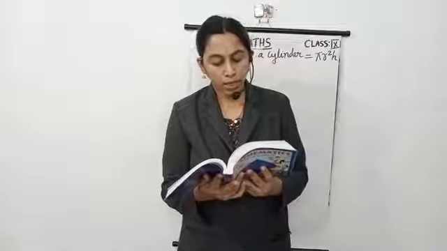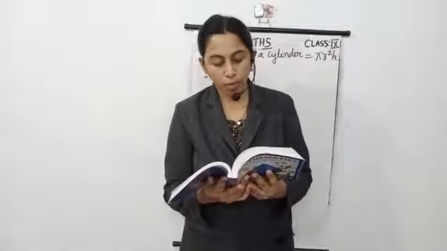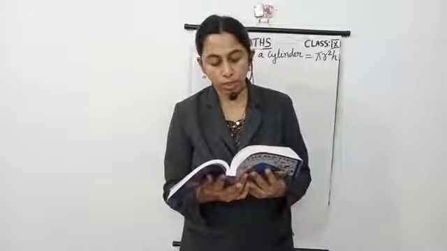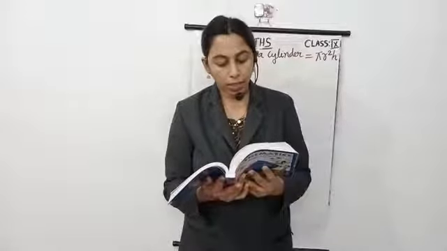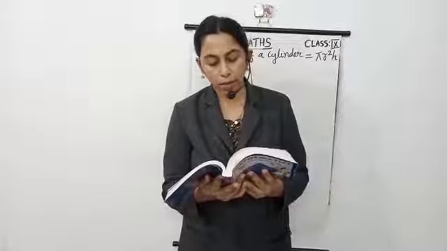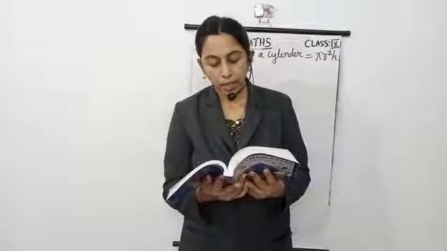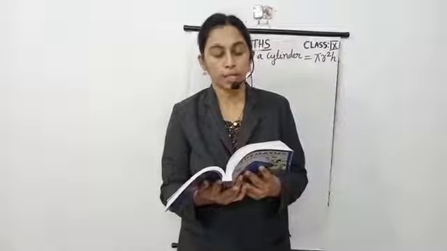Next, question 2. The inner diameter of a cylindrical wooden pipe is 24 centimeter and its outer diameter is 28 centimeter. The length of the pipe is 35 centimeter. Find the mass of the pipe if 1 centimeter cube of wood has a mass of 0.6 gram.